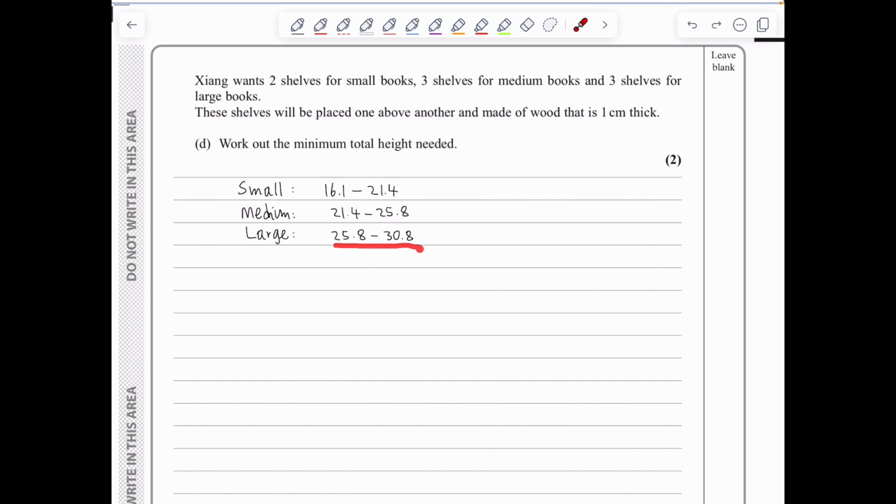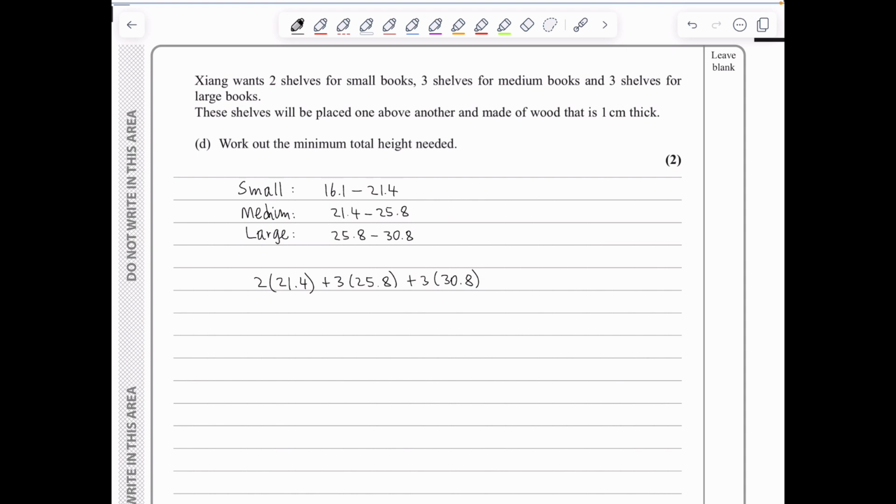We need to make sure that all the shelves will fit the corresponding books. So for the 2 shelves for the small books, I need to make sure that they are 21.4 centimeters in height to fit any possible small book. So 2 times 21.4 plus 3 times the 25.8, which corresponds to the 3 medium shelves, plus 3 times the 30.8 for the 3 large shelves.